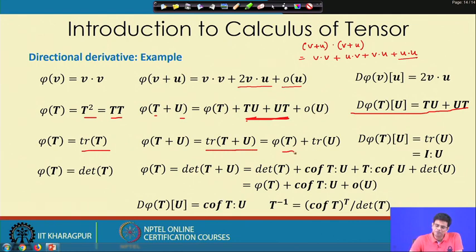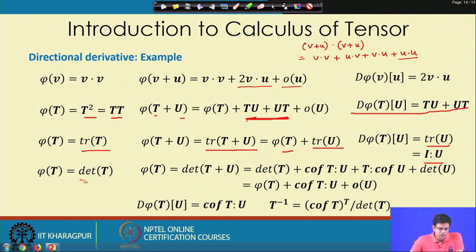Now, the directional derivative will be essentially trace of u. Trace of u I can write as I contraction u, or I inner product u, because I inner product u is essentially trace of I transpose u. I transpose is essentially I, and I multiplied by u is essentially u. So, I can write it in this form.